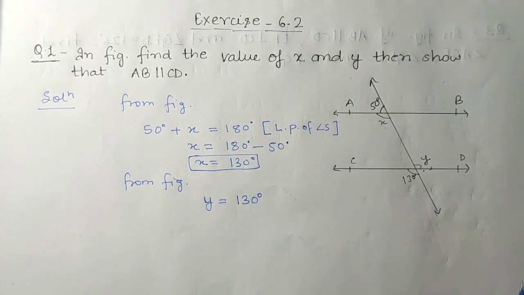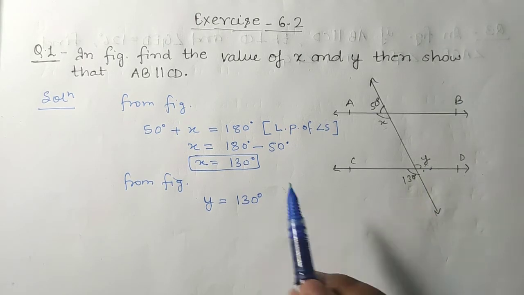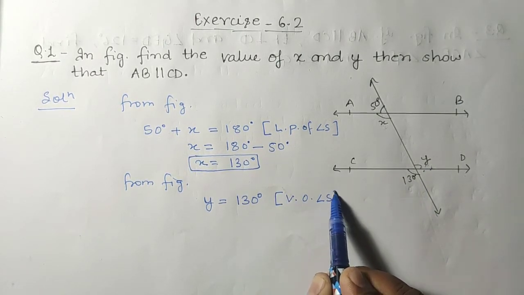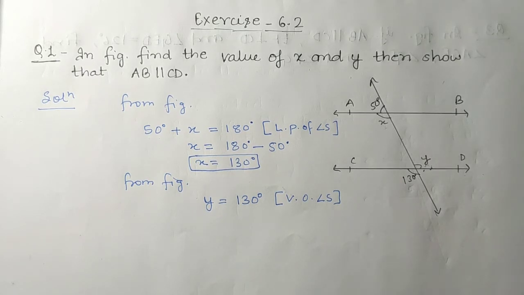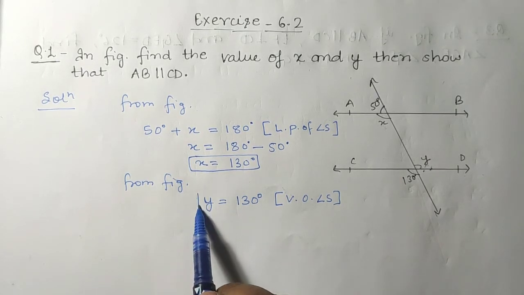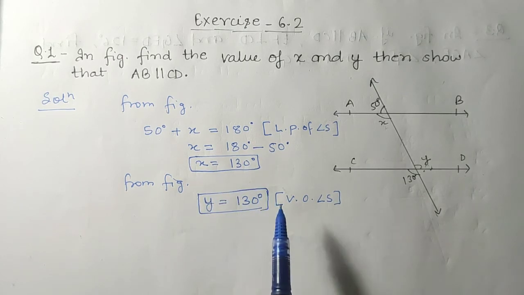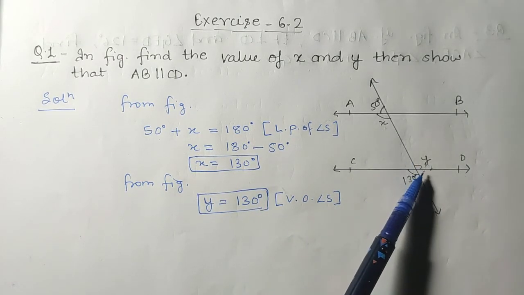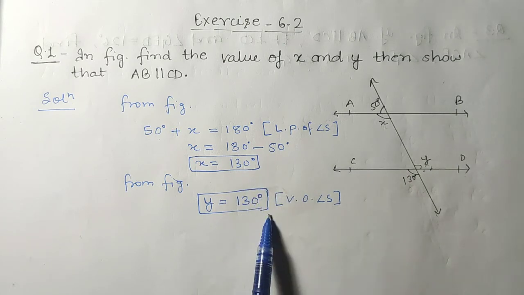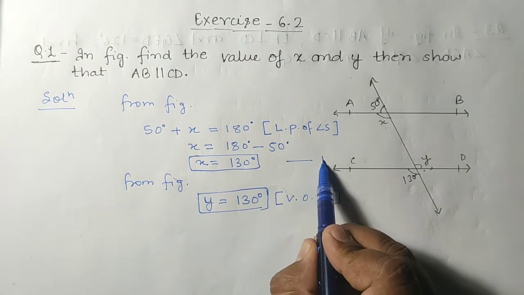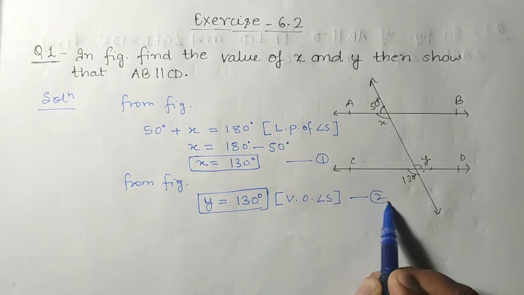Directly we can write this. Why? Because these are vertically opposite angles. So the value of y is also 130 degree. So here both x and y are equal to 130 degree, and suppose this is equation number 1 and this is equation number 2.